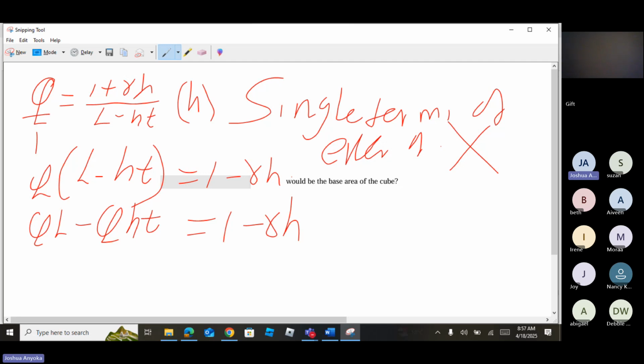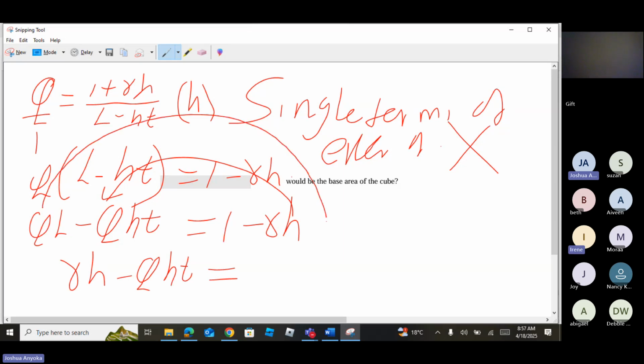We take the quantities with H to the left-hand side. So we take this one to the left-hand side. It is positive RH, so it becomes negative RH, minus QHT is equal to, we take QL to the other side, so 1 minus QL.